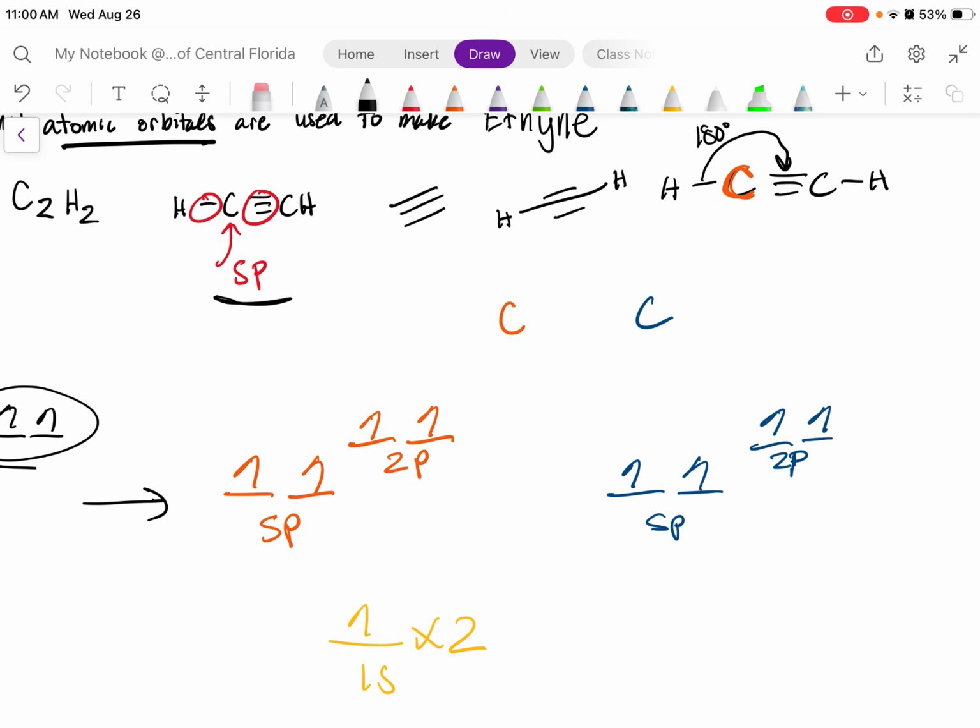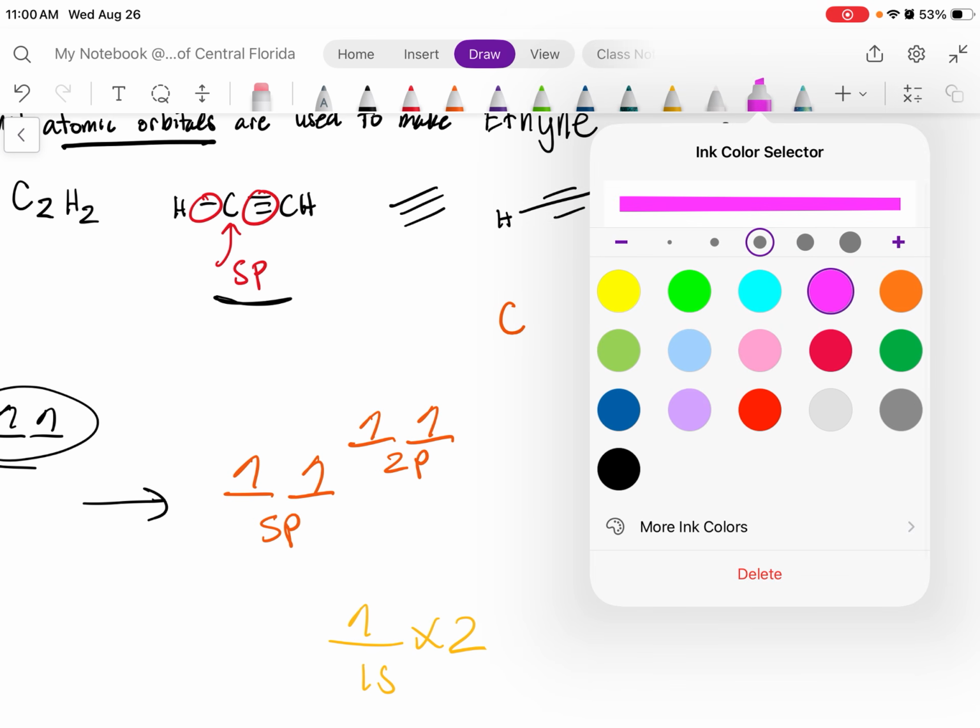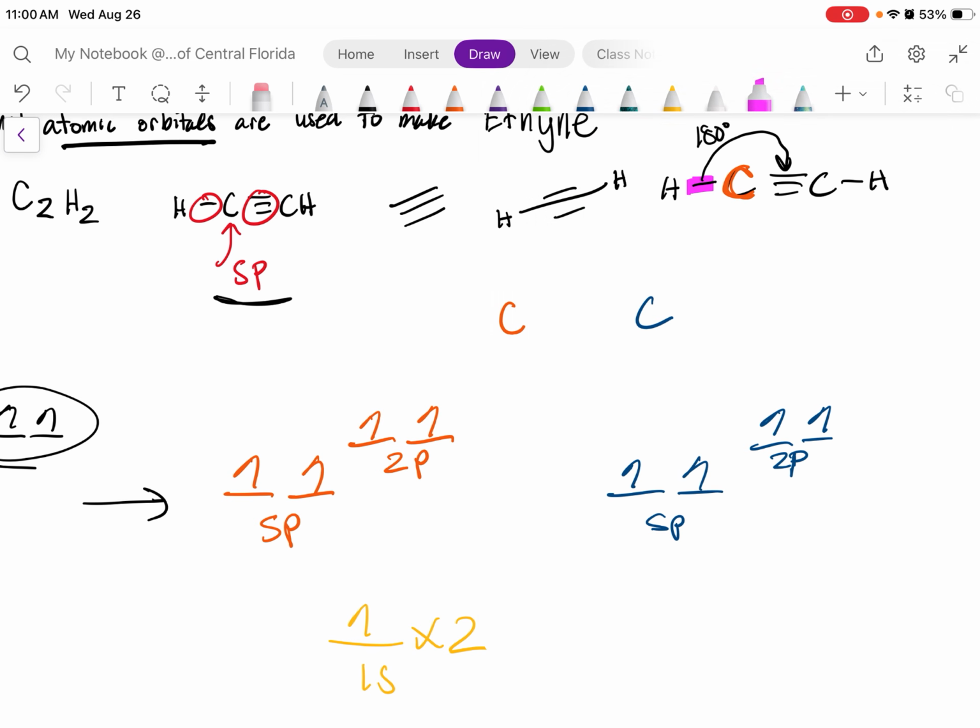So that means the sigma bonds here that we're going to take a look at, this sigma bond and the one in the middle, do you see how they're 180 degrees from one another? So that means that we're going to have an sp orbital there and an sp orbital there. Do you notice how the bond angle between those 2 sp hybridized orbitals is 180 degrees from one another?